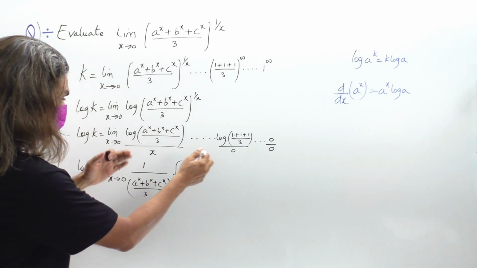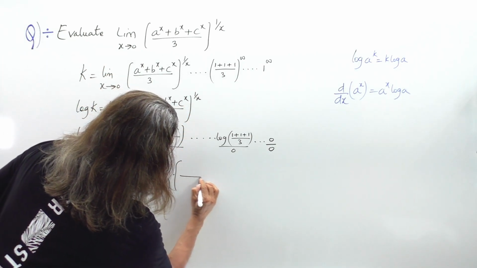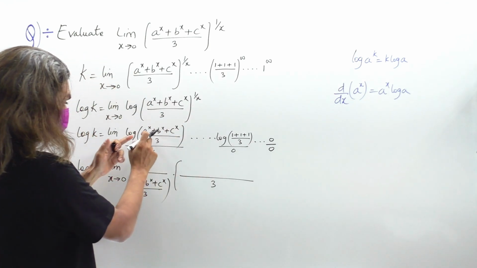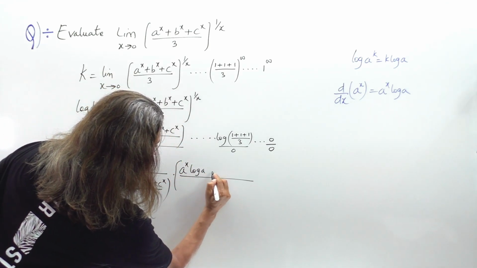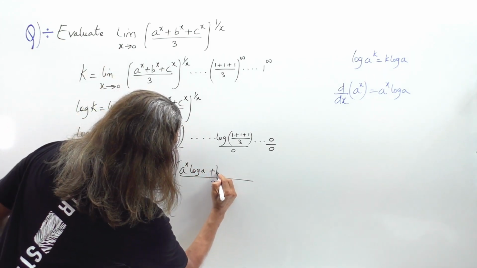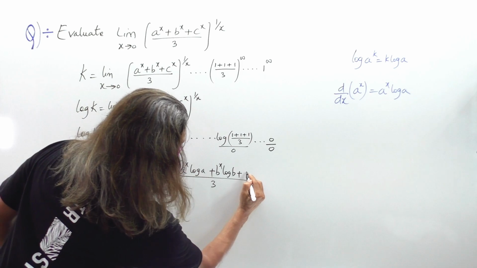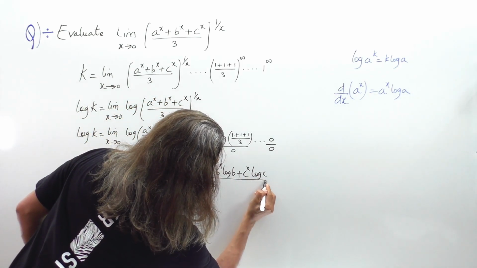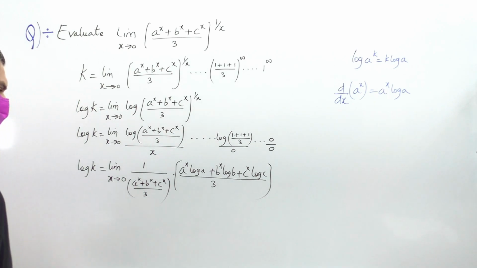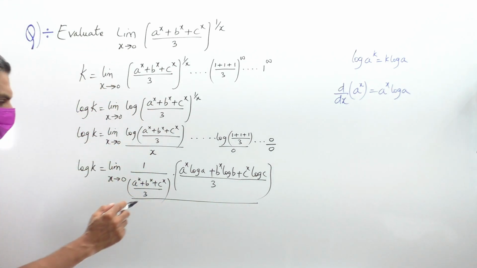That means log of x is 1 by x, so 1 by this thing, again into differentiation of this thing, upon 3 as it is. A raised to x is a raised to x log a, plus b raised to x is b raised to x log b, plus c raised to x is c raised to x log c. Okay, that's it, whole divided by the differential of x, which is 1.